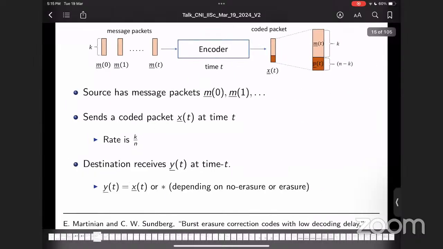And the destination receives a y of t at time t. This y of t could be either x of t or it could be a star. Star indicates that an erasure has happened. So either there will be an erasure or no erasure. There's no error that we are considering here. So y of t is either x of t or star.